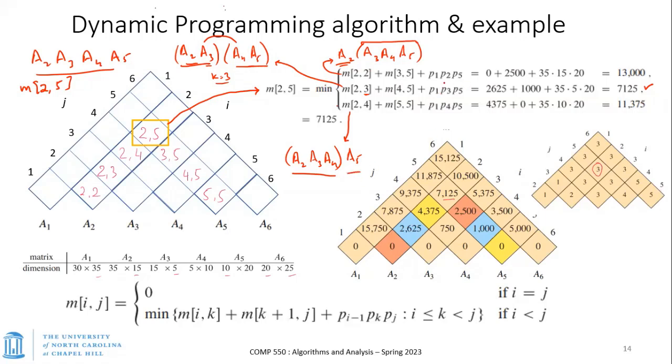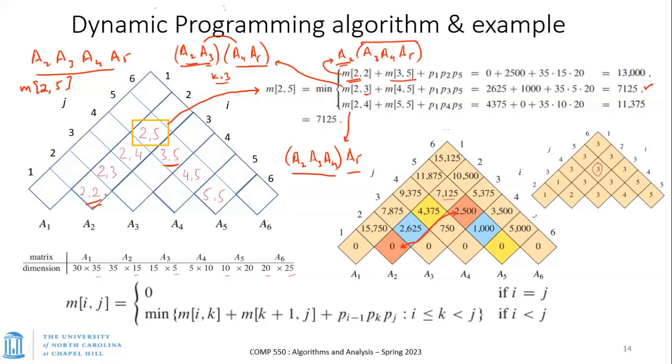For each one of these cases, you're going to be able to use a memoized result. M2,2 corresponds to this value over here, so that's already been computed. M3,5 corresponds to this value. You see that there are pairs, these red values, and they're being compared in pairs.